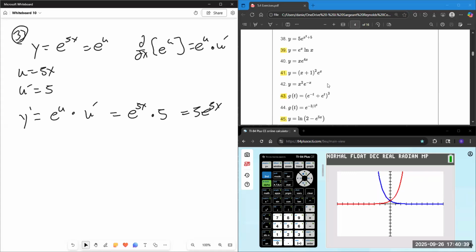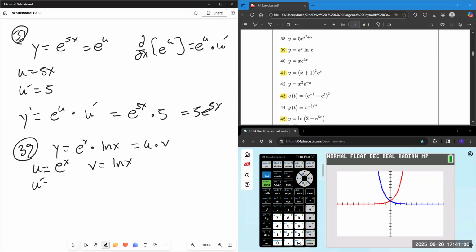39 is the next problem. So 39 says y is equal to e to the x times ln of x. So I have a u times a v, where u is equal to e to the x and v is equal to ln of x. U prime is equal to e to the x. We learned in 5.1 how to differentiate this as 1 over x.